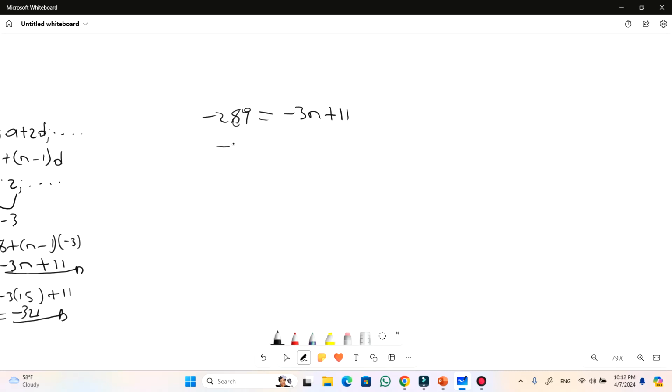So negative 289 minus 11 gives negative 300, which is equal to negative 3n.